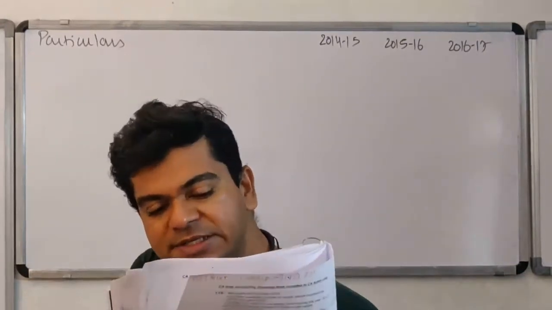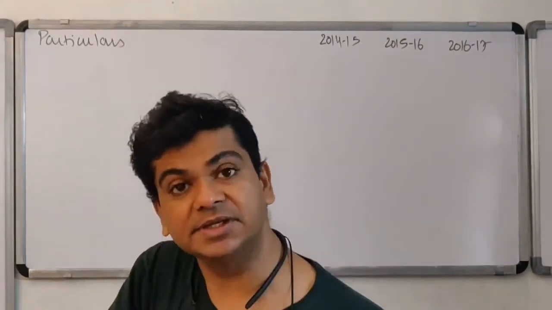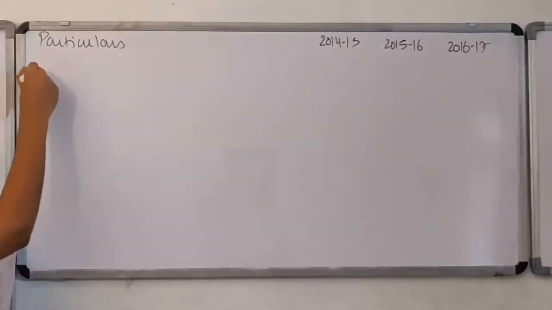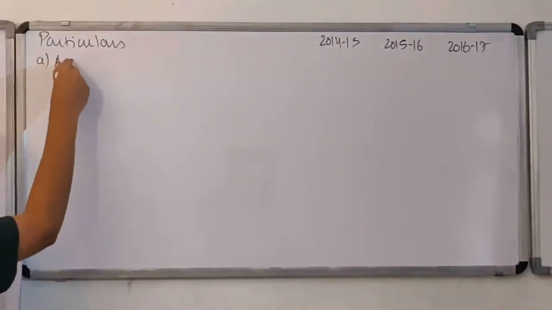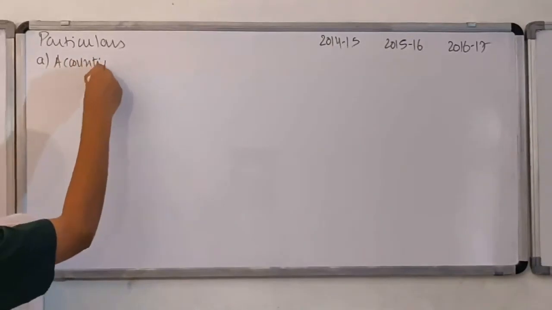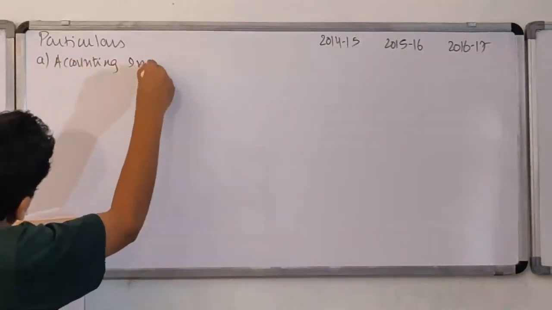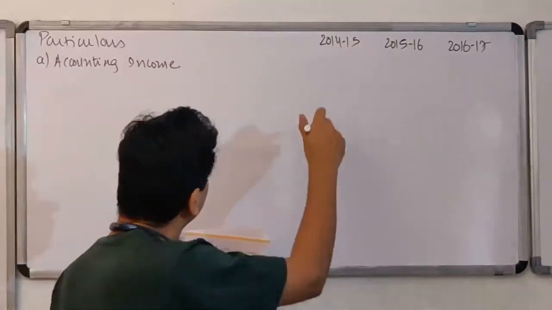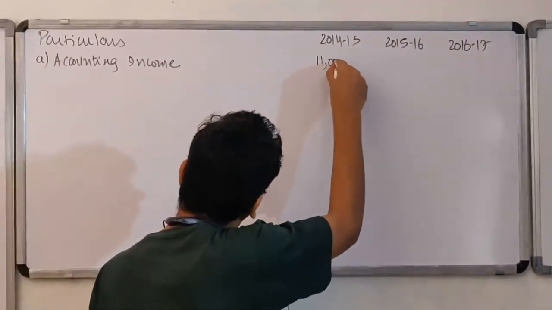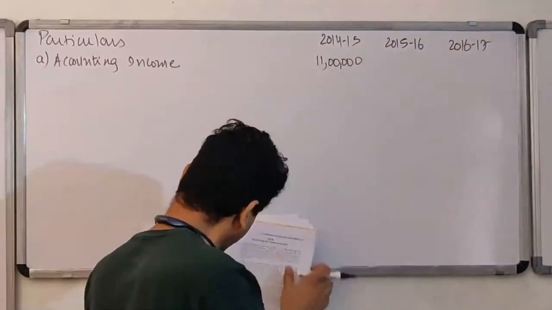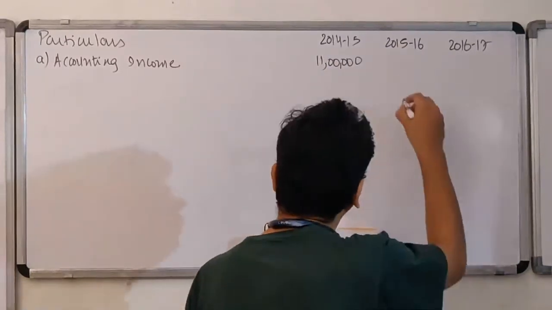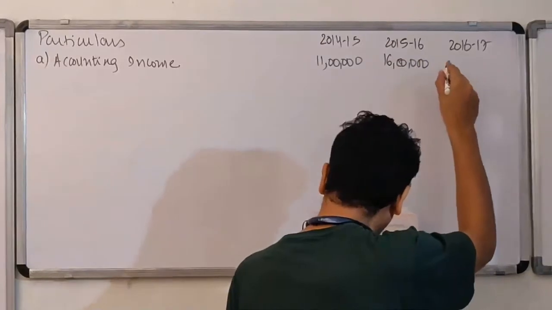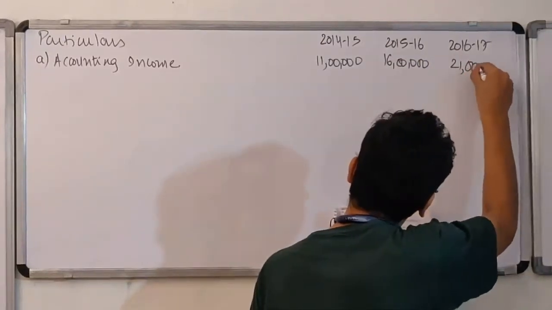Now in accounts it is 11 lakhs, while in tax it is 7 lakhs. So start with accounts. So we say A, accounting income: 11 lakhs, 16 lakhs, 21 lakhs.